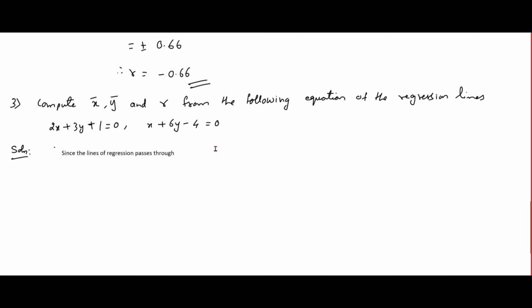Since the lines of regression pass through the values of x bar and y bar, the equations can be written in the form: the first equation becomes 2x bar + 3y bar + 1 = 0, which on moving 1 to the other side becomes minus 1. The next equation is x bar + 6y bar - 4 = 0, where minus 4 goes to the other side and becomes plus 4.